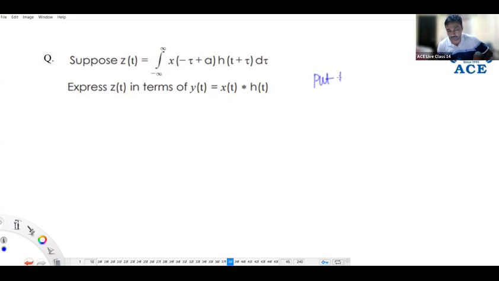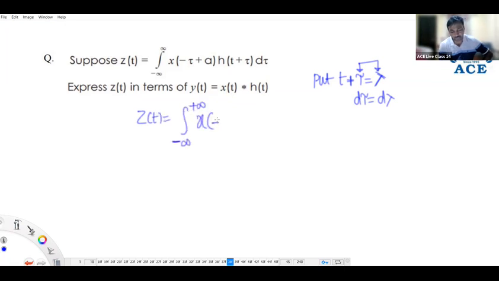Suppose I have taken t plus tau as lambda, the second term. Then d tau becomes d lambda. Venkat Ramana correct. Kiran Kumar correct. Nitish also correct. As tau and lambda have the same sign, the limits of integration are the same again.